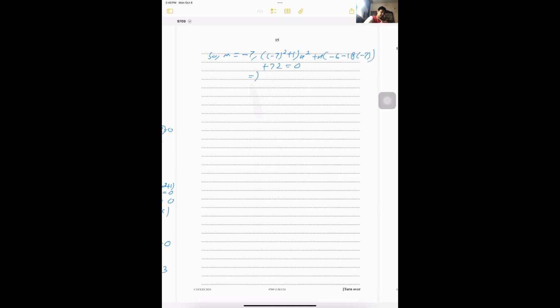This would yield 49 over here in this one, so 50 x squared, and this part is minus 6 minus 18 into minus 7, so plus 120x, and the 72 equal to 0. Again, place this in the calculator.